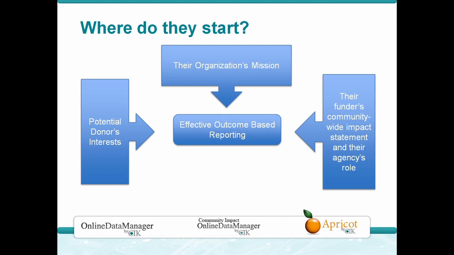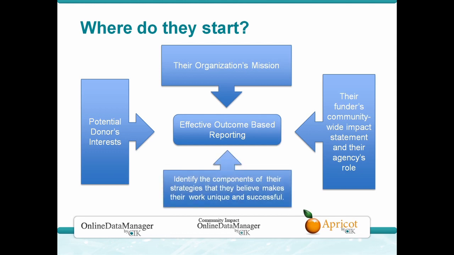And then finally, once they've set this umbrella of these issues, the next thing is really, as I like to describe it, identify the components of their strategy or their program that they believe makes their work unique and successful. When I talk to agencies, I'll often say, okay, let's not start collecting just what the funder wants. Because you need to have a learning community, let's look at the components of your program that you think make your program really unique, the components of your program which you think are better than the agency down the street, which is why we ought to fund you rather than funding another agency.